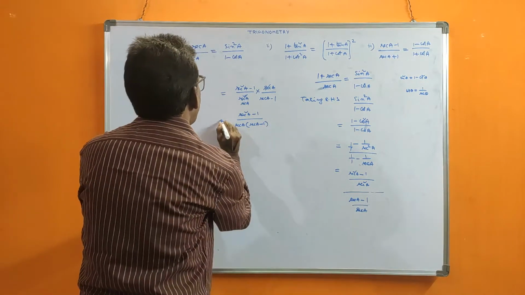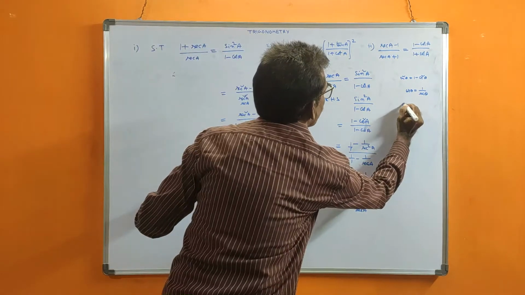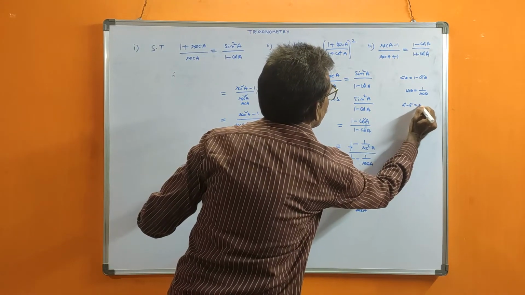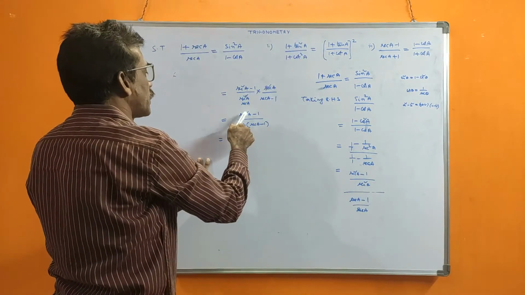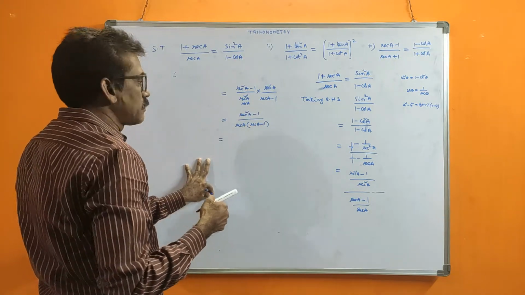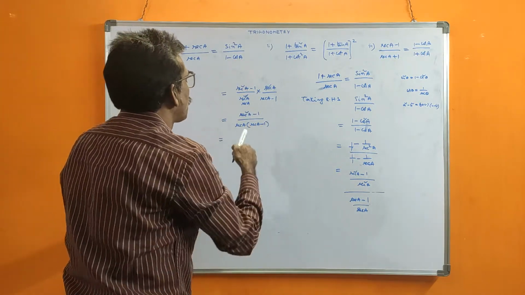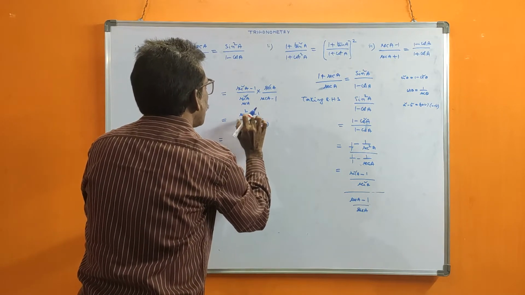Now, if you observe, this one is in the form of a square minus b square. A square minus b square is equal to a plus b into a minus b. Square is there for secant also, so this is a square minus b square.